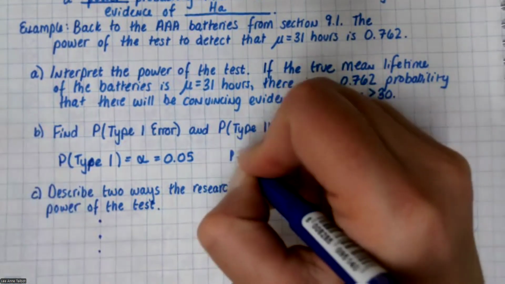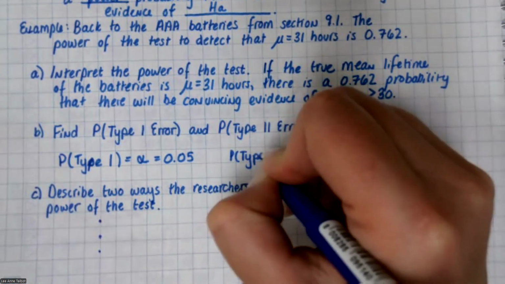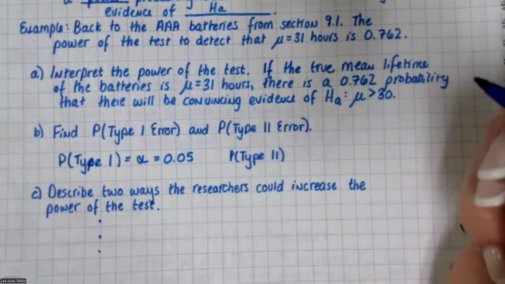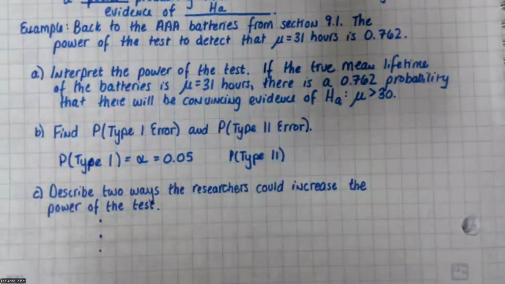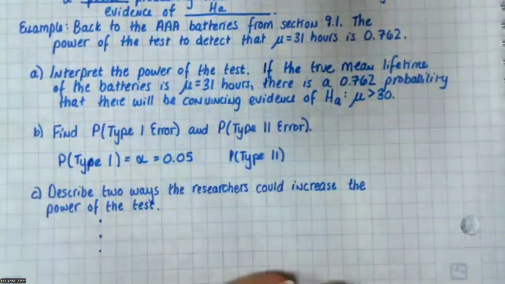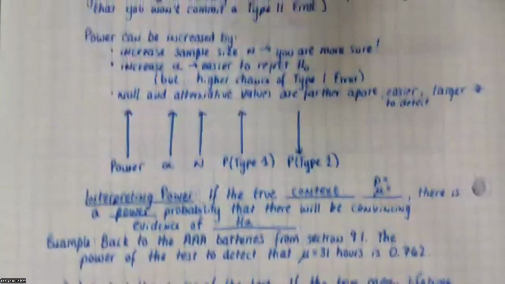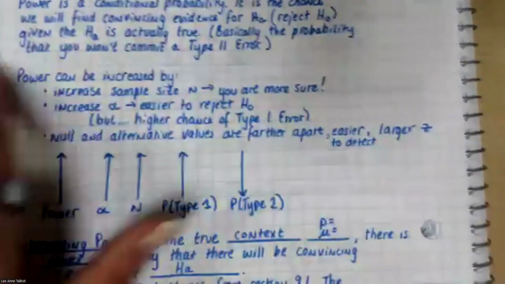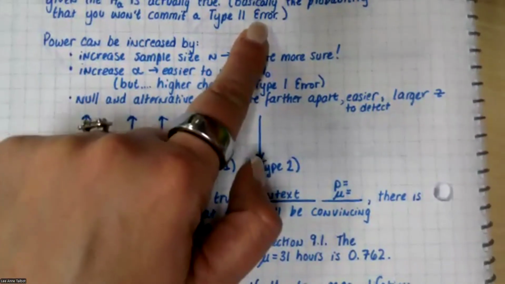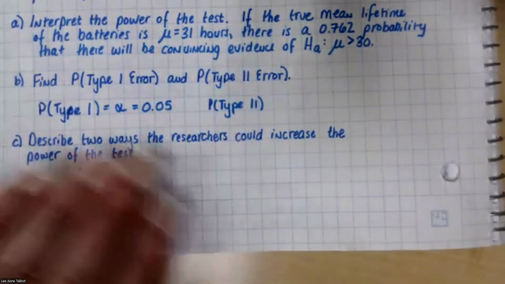Now, probability of type 2. I'm going to scroll up in my notes so you can see where that comes from. It says basically power is the probability that you don't commit a type 2 error. That means it's the complement of a type 2 error.